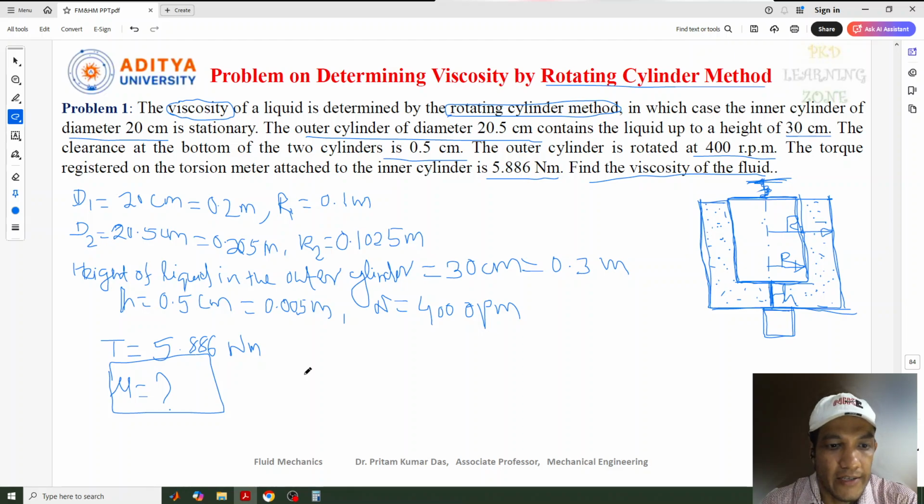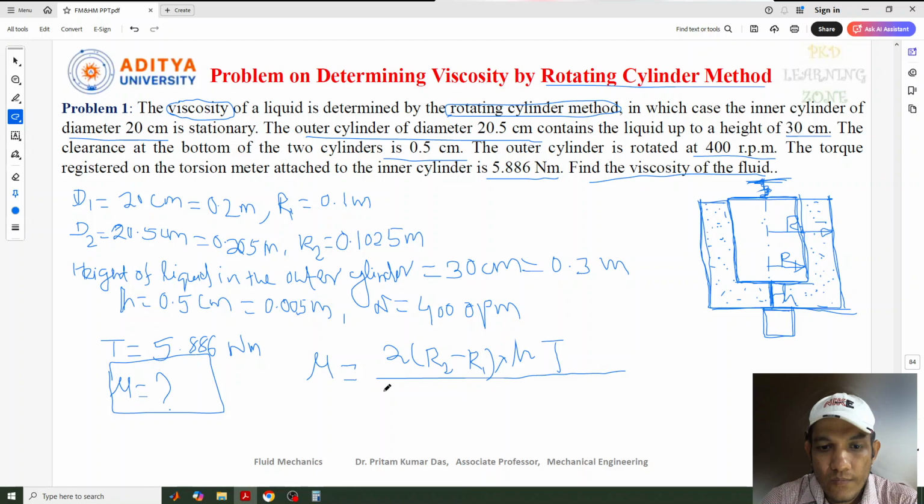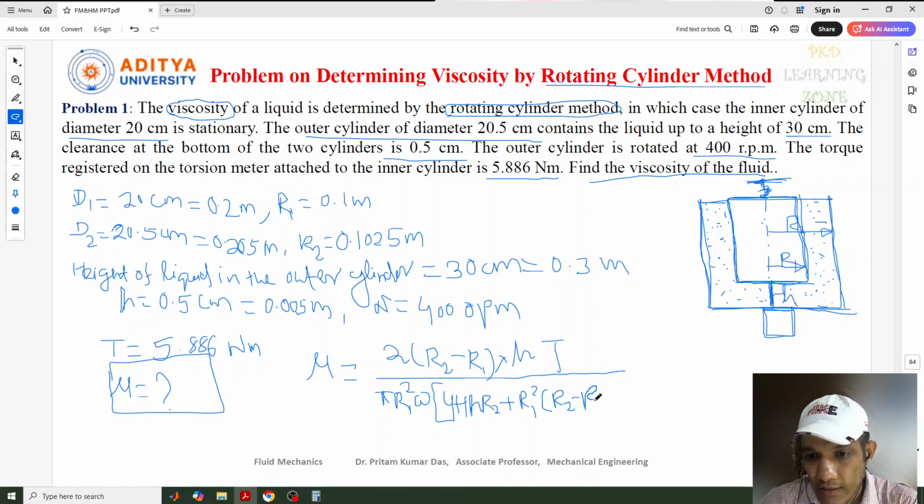From that formula we can write the viscosity mu equal to 2 into (R2 minus R1) into capital H into torque T, divided by, in the denominator, pi R1 square omega, and then in brackets 4 capital H small h plus R2 plus R1 square into (R2 minus R1).